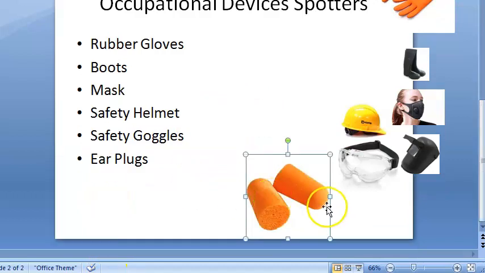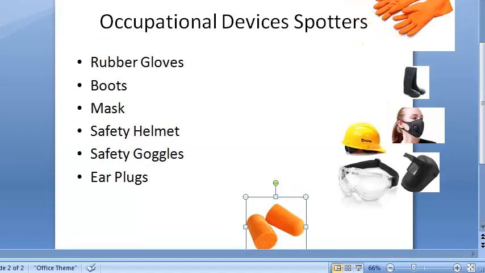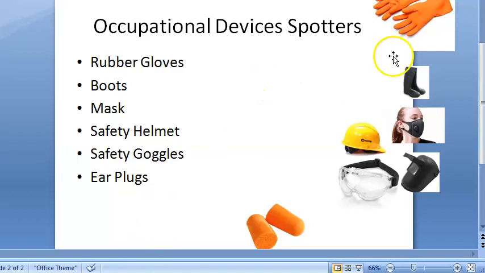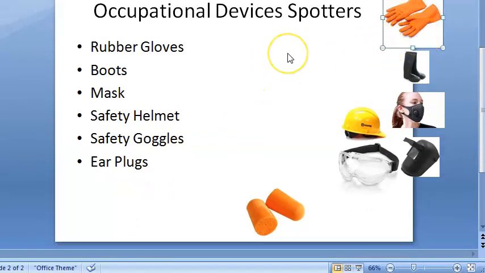So we are done with all these occupational device spotters. A lot of spotters can still be there, but here we are looking at these. Gloves, you should say heavy duty rubber gloves. Then boots, protection boots, not the cowboy boots.